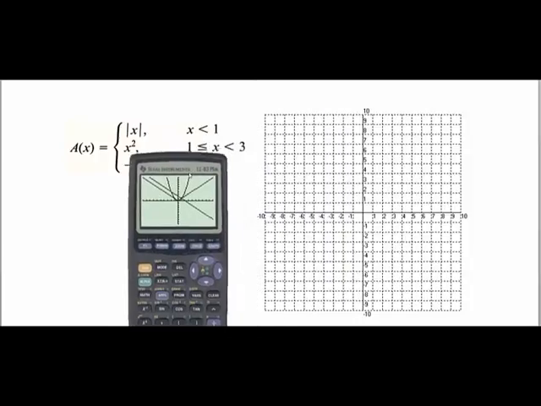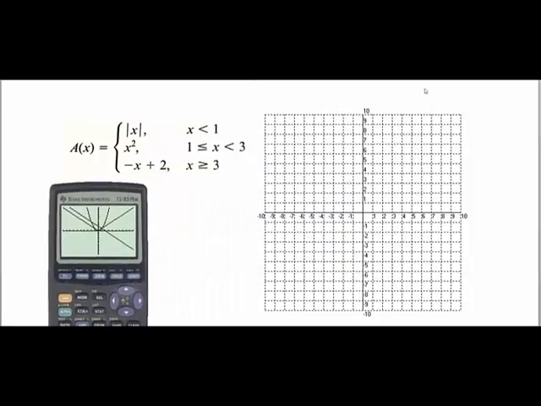So if I had to use a colored pen to tell you how this is going to look, my first equation was that absolute value. So I'm going to try to draw this very carefully here. I am going to be on that absolute value until I get to 1. Now I'm going to change to a new color, a light blue here. And then from the 1 to the 3 on my x, I'm going to be riding that curve.